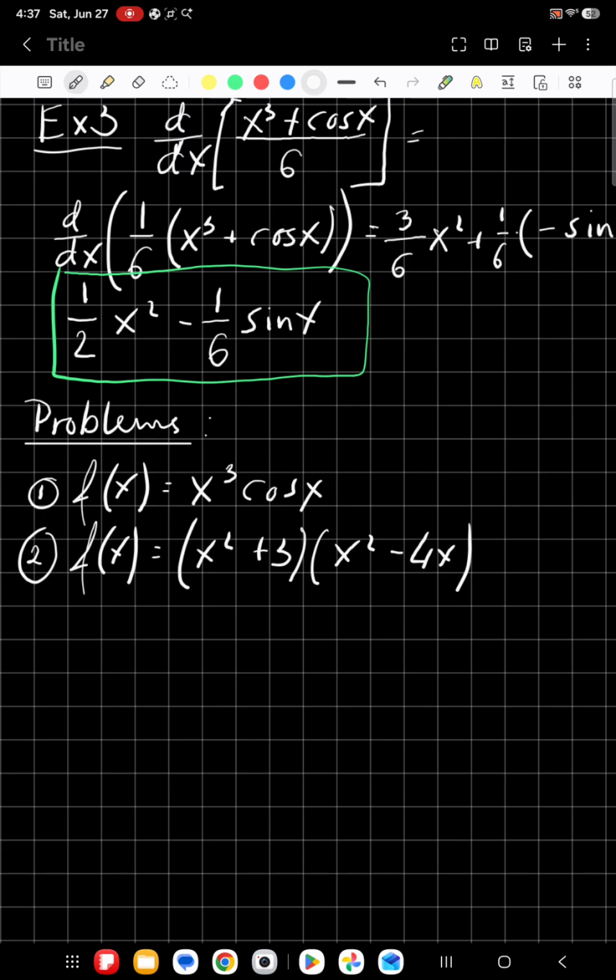But the point here is to practice that product rule. Number 3 is a quotient, sine x on the top and x squared on the bottom.